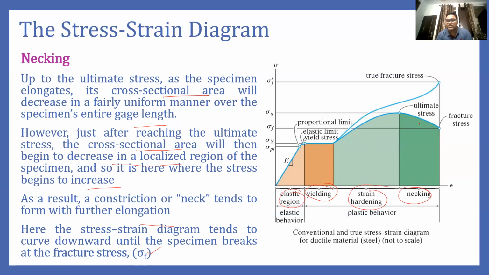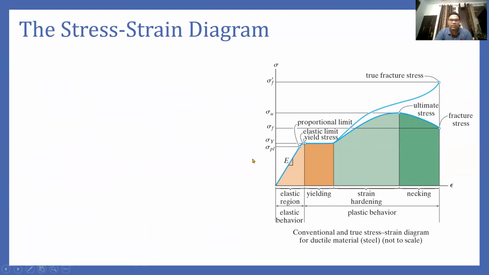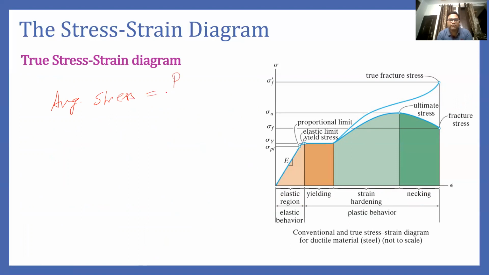Till now I have discussed the conventional stress-strain curve. Sometimes we represent this curve as a true stress-strain curve. In the case of the conventional stress-strain curve, we find the average stress by dividing the force by the original cross-sectional area.